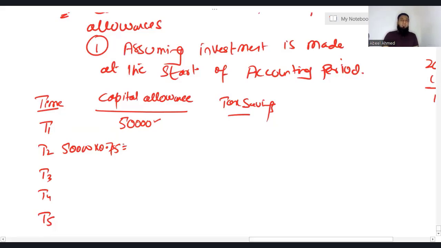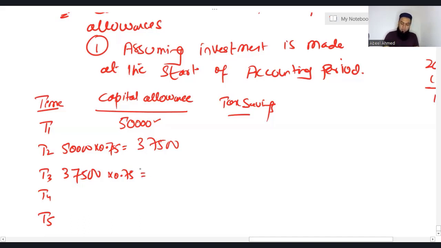Then for the second year, I would have multiplied the first year's capital allowance by 0.8. Over here, the tax depreciation is 25%, so the shortcut is the first year capital allowance multiplied by 75% for the next year. So if you multiply 50,000 with 0.75, obviously you get the same thing, 37,500. For the third year, take 37,500 into 0.75.